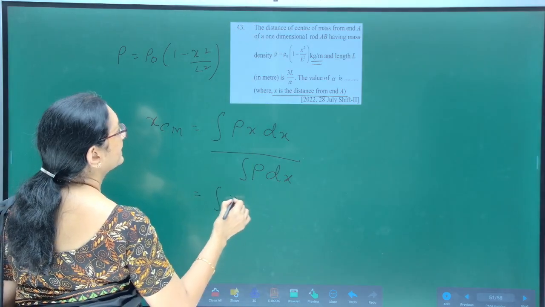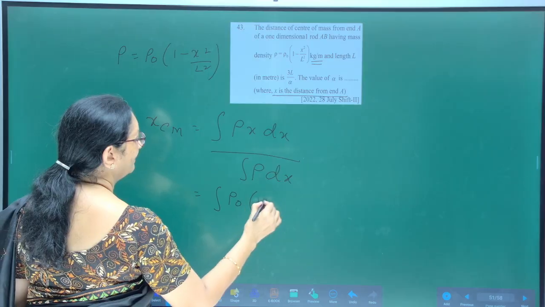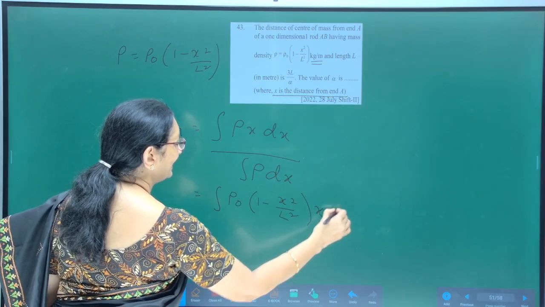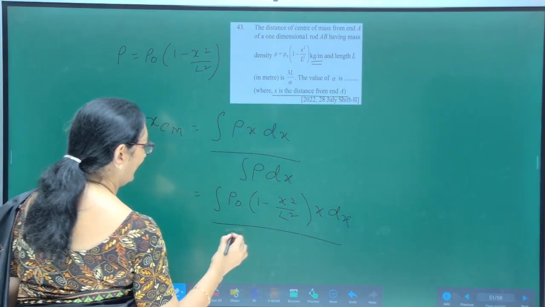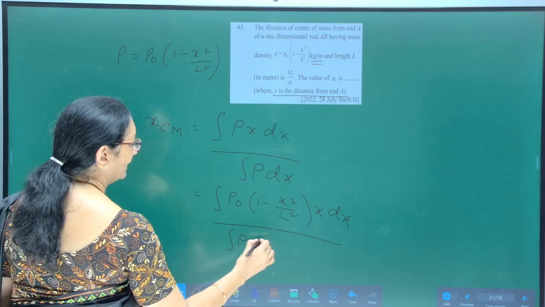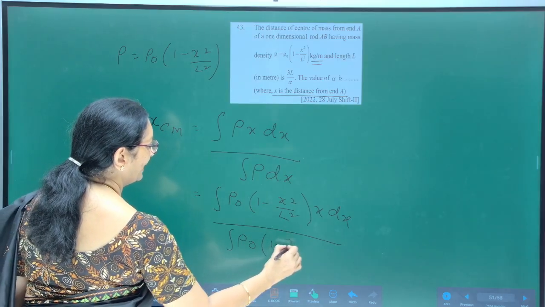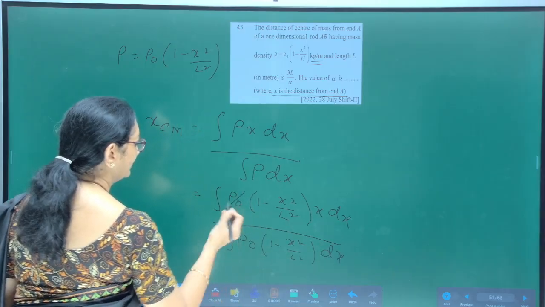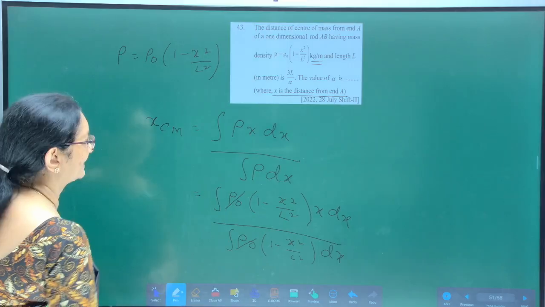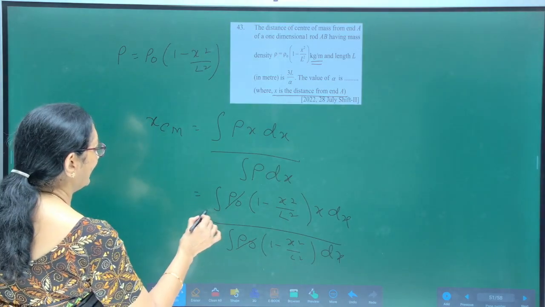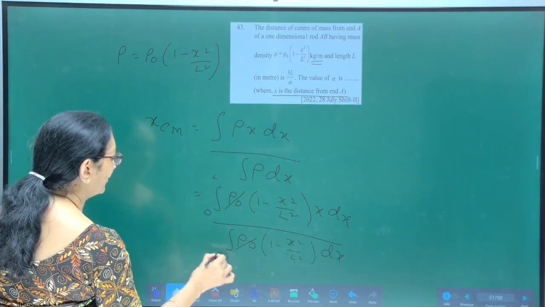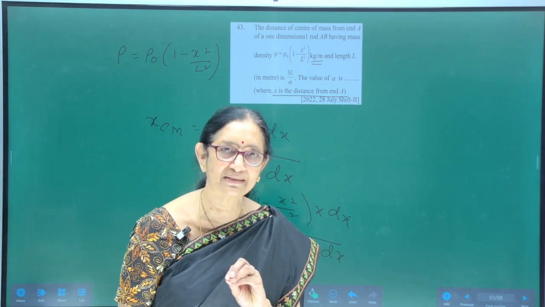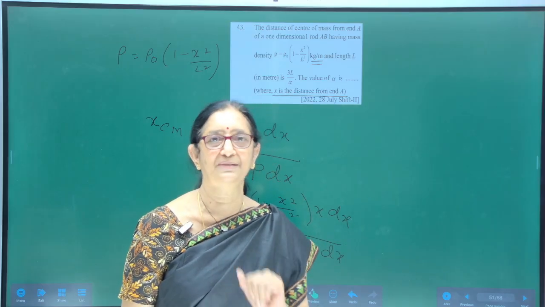So this is rho naught into 1 minus x square by L square times x dx, divided by rho naught into 1 minus x square by L square dx. This constant we can just cancel. We have to integrate within the limits 0 to L, because we want to find the center of mass distance from one end, that is from 0.